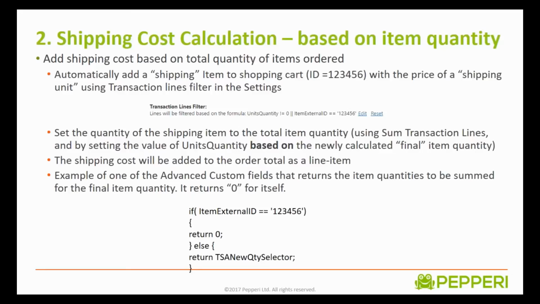So if I order 10 items, the quantity of the shipping item, which in this example has the item code 123456, will be 10 times the cost of $10, so the shipping will be $100. So we multiply the sum of all the items by the cost of this shipping item. Okay, so that's a simple way to set up shipping.